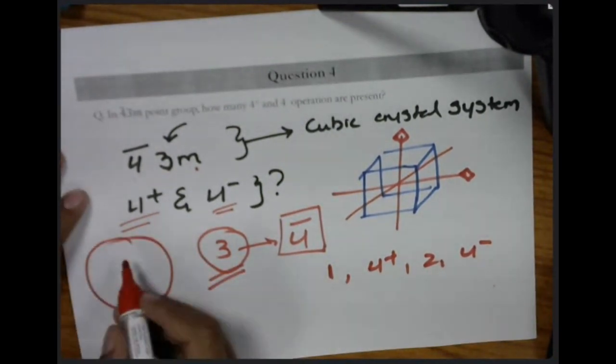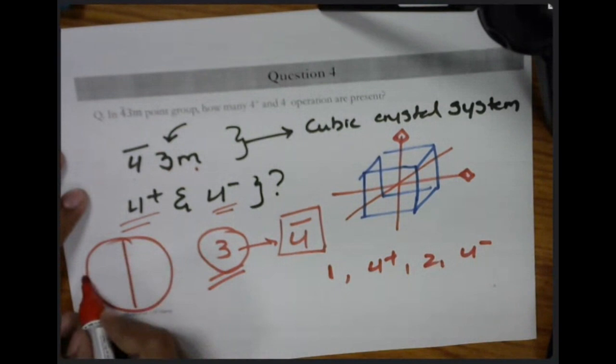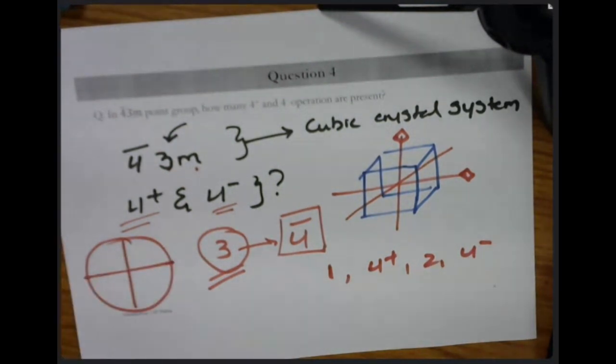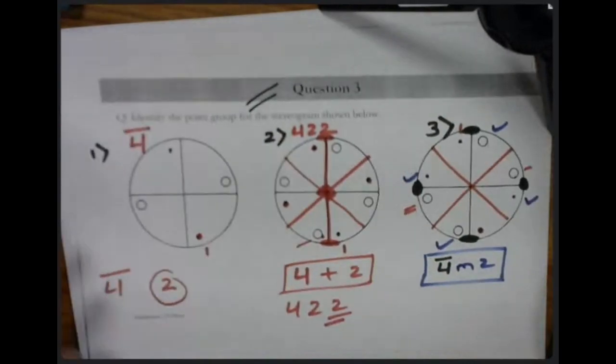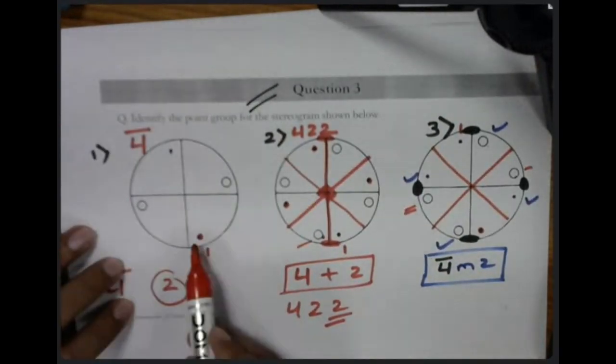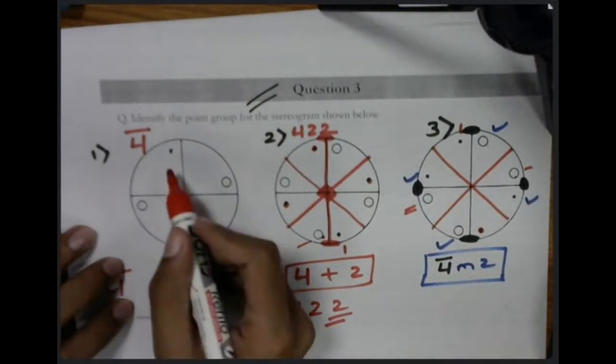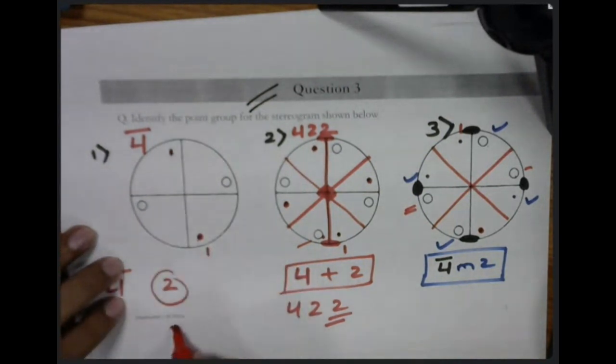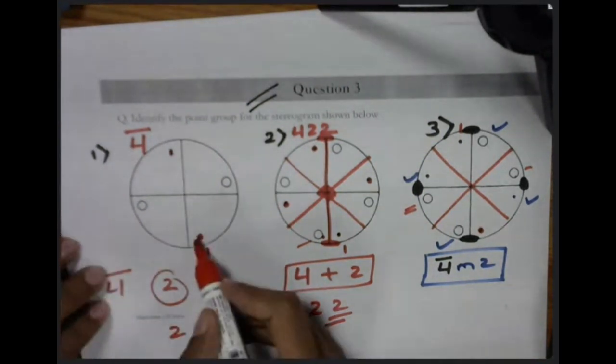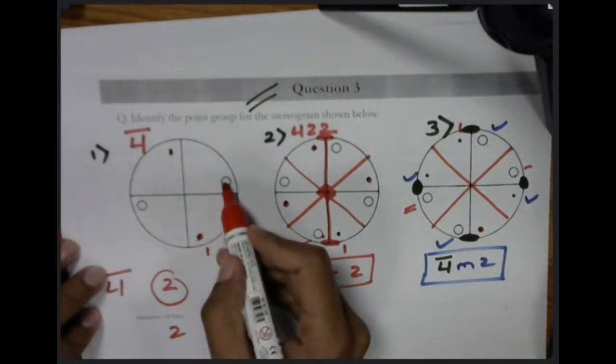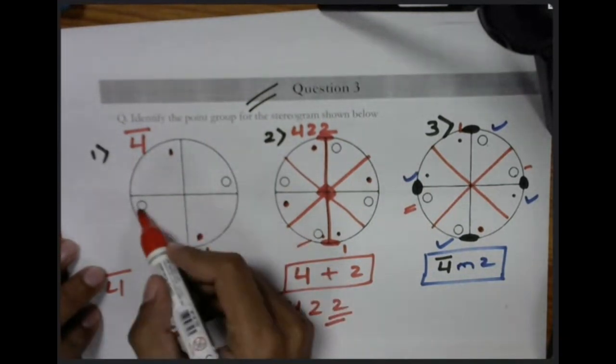4 bar operation, okay. No need to draw also, we have seen just here. It is a 4 bar producing, from here we can get to this particular point by the twofold operation. From here, how can I get to this particular point?